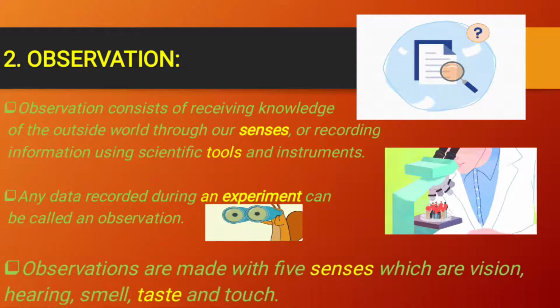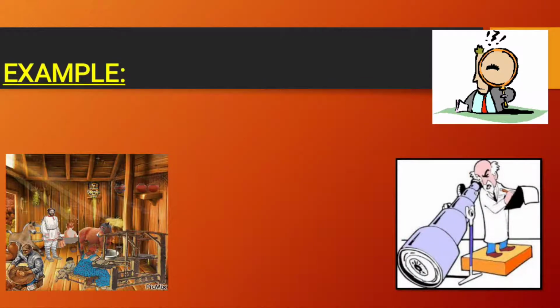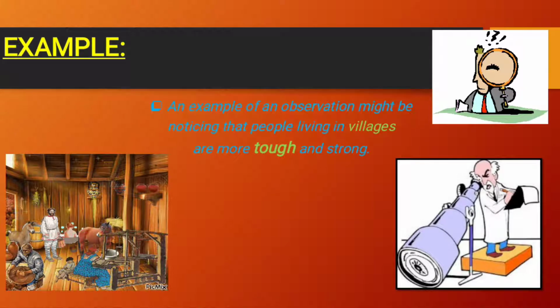Observations are made with 5 senses, which are vision, hearing, smell, taste, and touch. Now, an example of observation. Students, an example of an observation might be you notice that people living in village are more tough and strong.